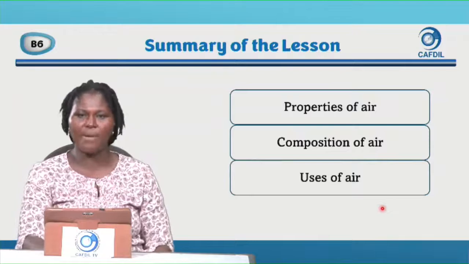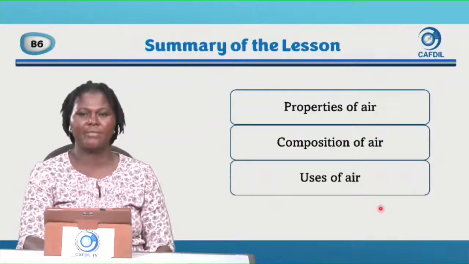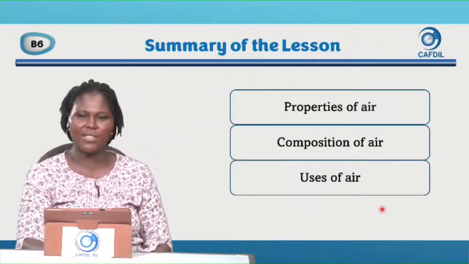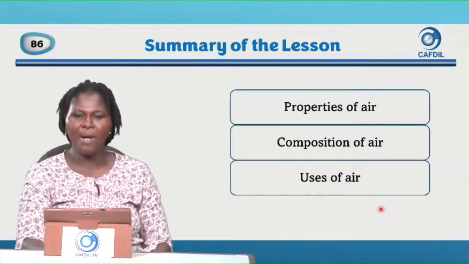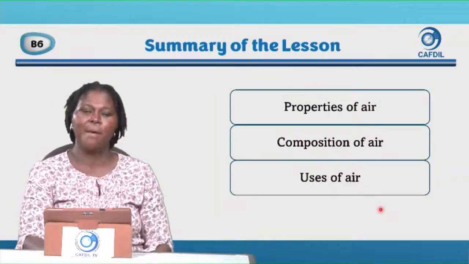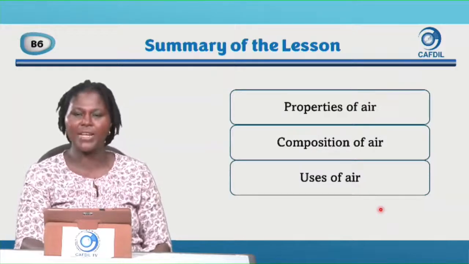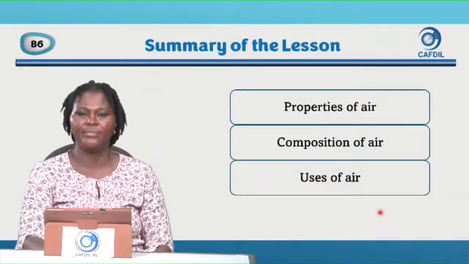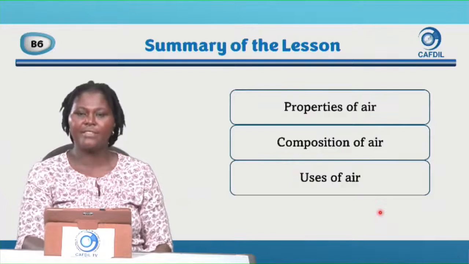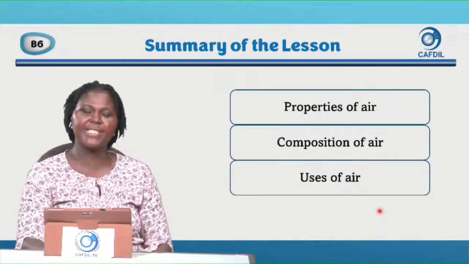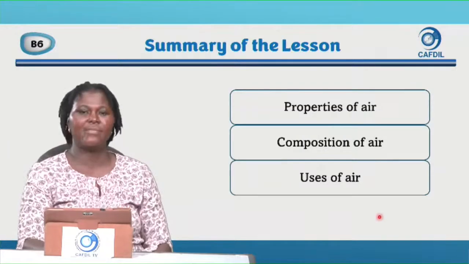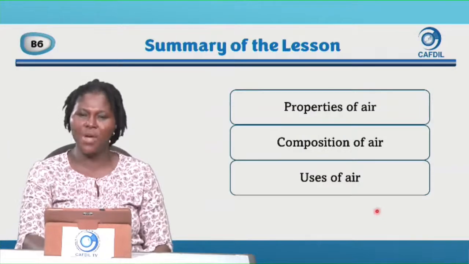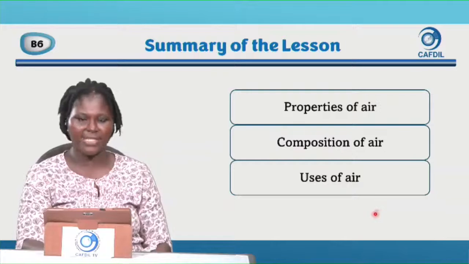We also talked about the uses of air. Plants take in carbon dioxide. Animals take in oxygen. And then we inflate car tires and bicycle tires with air. Air is used for winnowing and others.